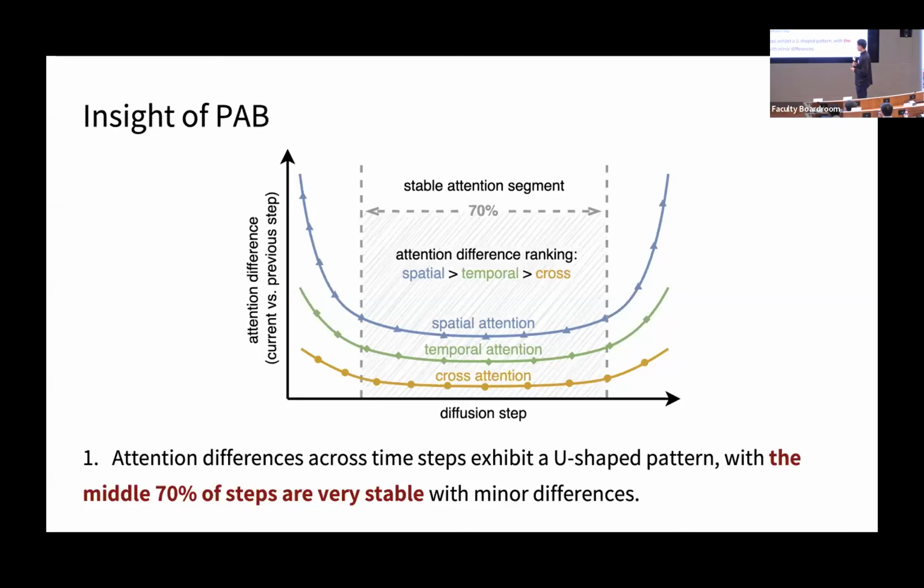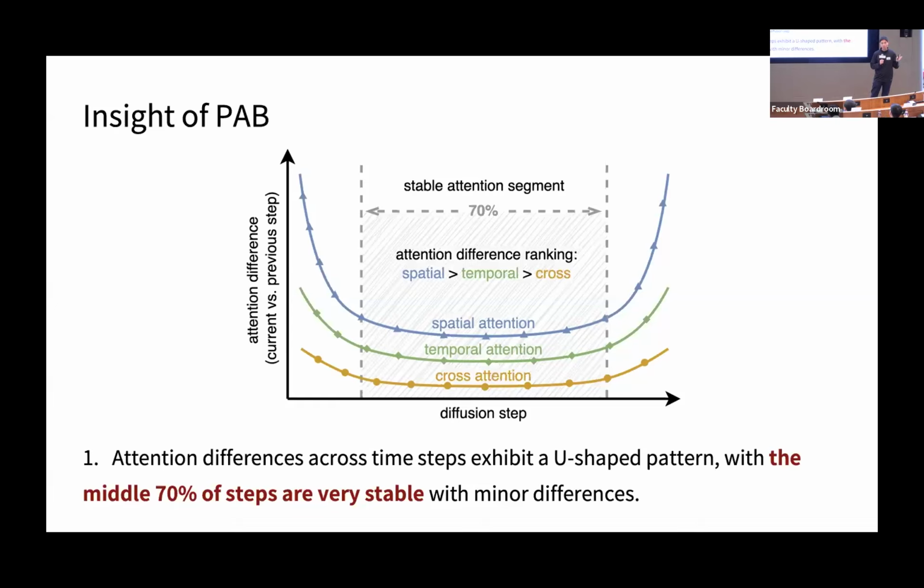So here, let me share a very interesting figure. For this figure, the horizontal axis is the diffusion step. Right? The vertical axis is the attention difference. Right? So from step 1 to step 2, how different is attention, right?